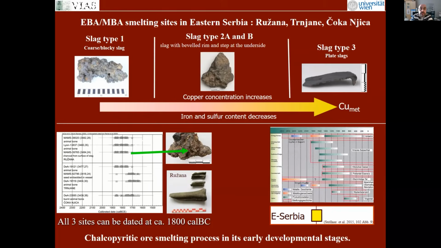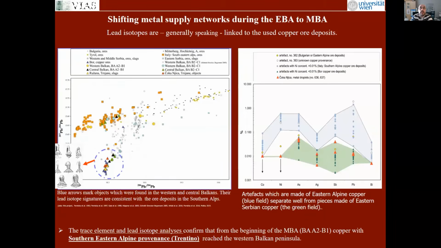During the early Bronze Age, we still have a local copper smelting, a local copper production technology, which is situated in Eastern Serbia. And what's very interesting from a metallurgical point of view is that this is already an early chalcopyrite smelting process, meaning sulfidic ores were already smelted around 1800 BC, which is contemporary to the Eastern Alpine region.